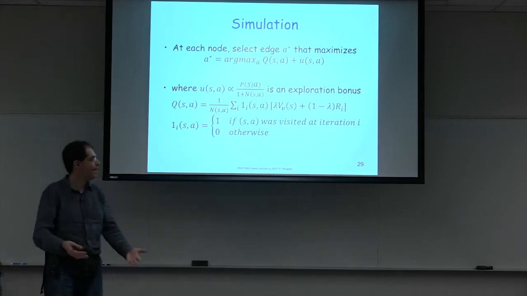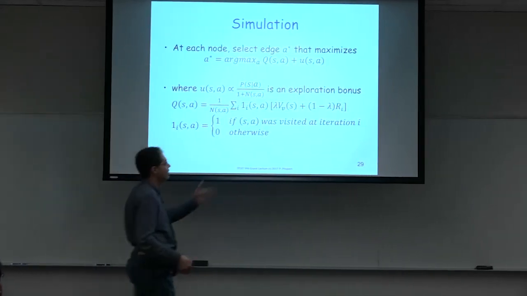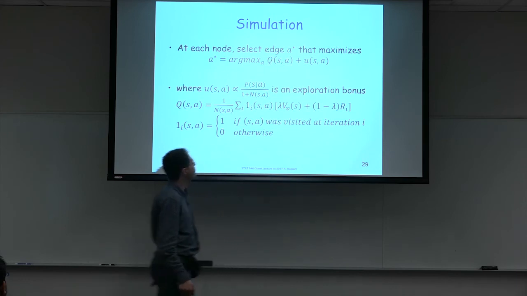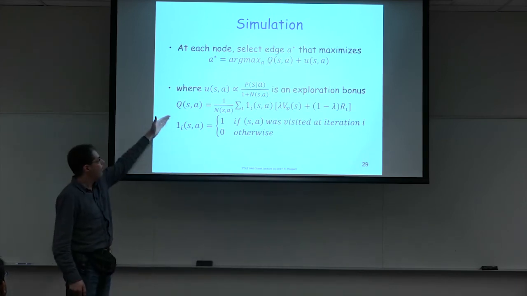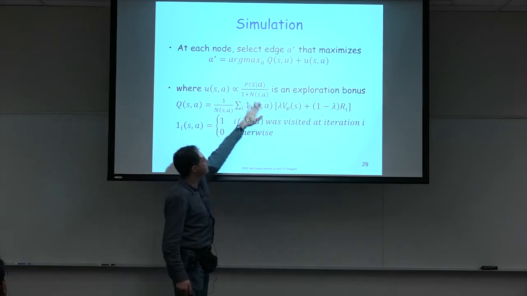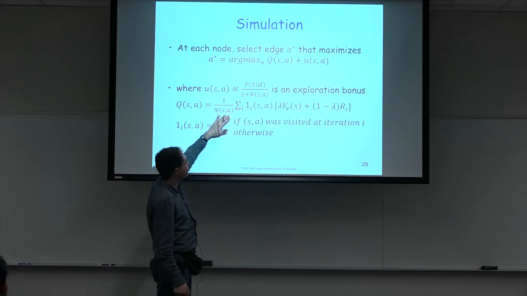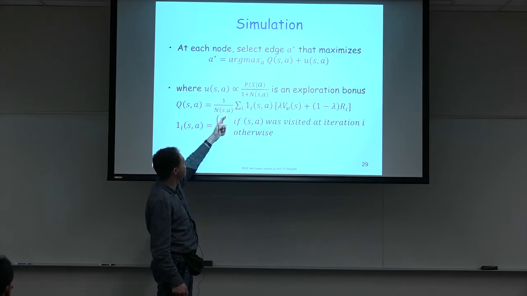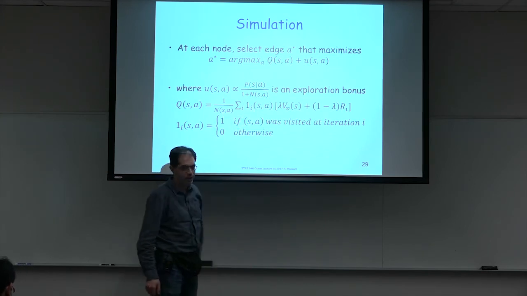Okay, so lambda here is just a number between 0 and 1 to ensure that we take a convex combination of those two. And here, what this means is that we essentially take the average of all the iterations or all the previous trajectories where we essentially went through that state action pair.